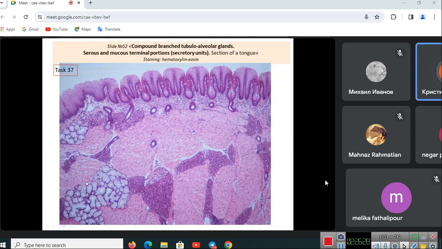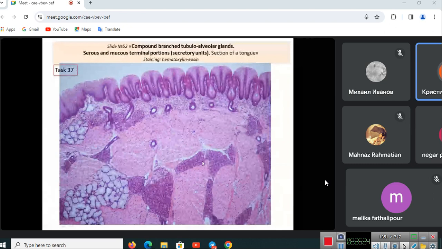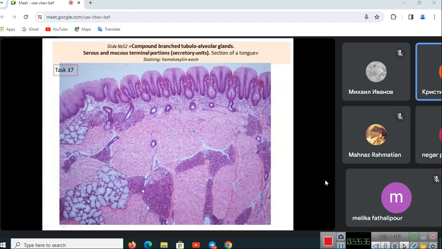And between muscles, we have here groups of secretory portions of salivary glands. These are secretory portions, and these are ducts which lead to the surface of epithelium.